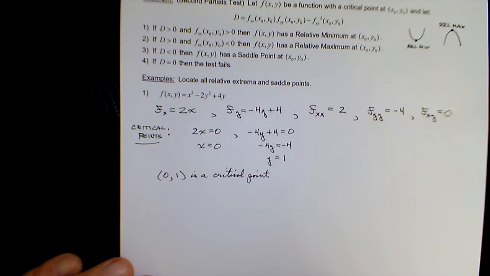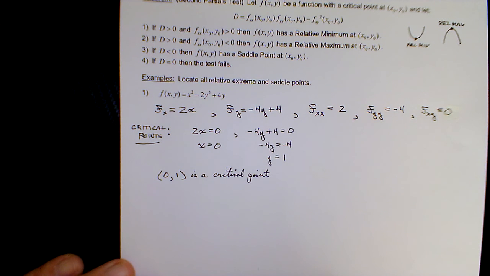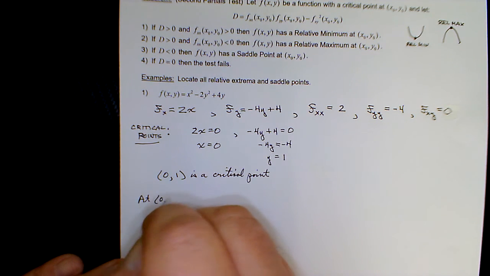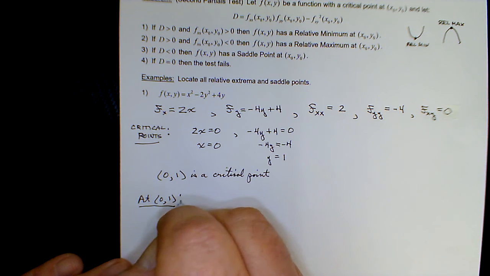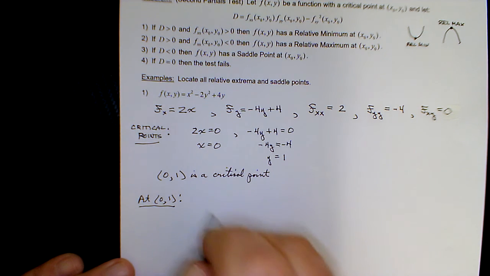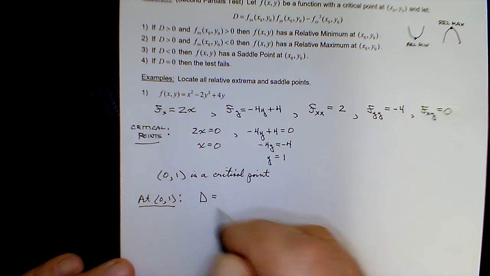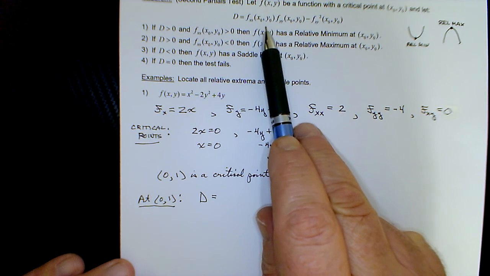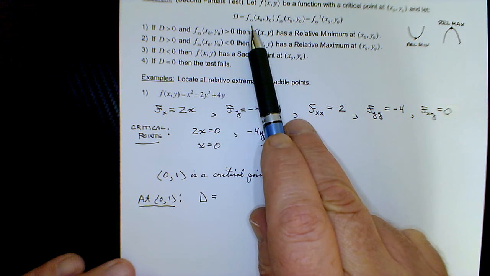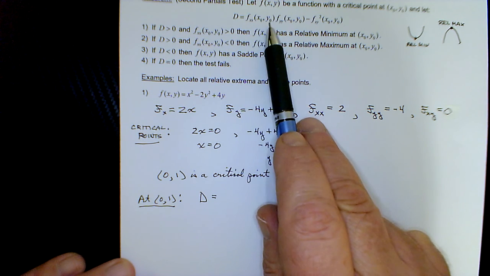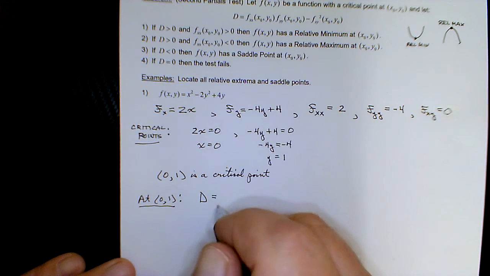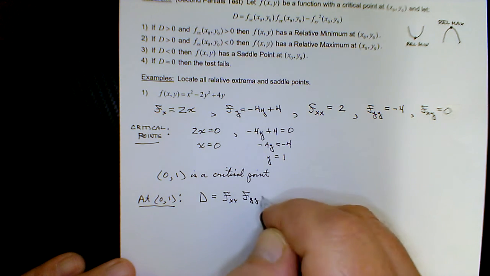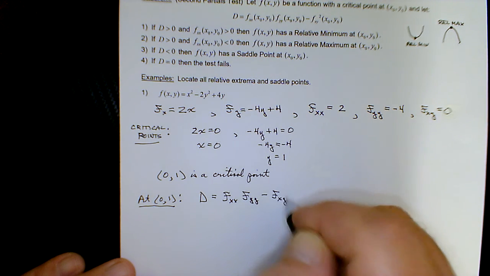Okay, so now we have to determine what is the value of d. So d at (0, 1) is equal to, okay, I'm not going to use the functional notation. I'm just going to use the subscript notation, just knowing that we're evaluating at this point. To write out the formula, we'll just say f sub xx times f sub yy minus f sub xy squared.